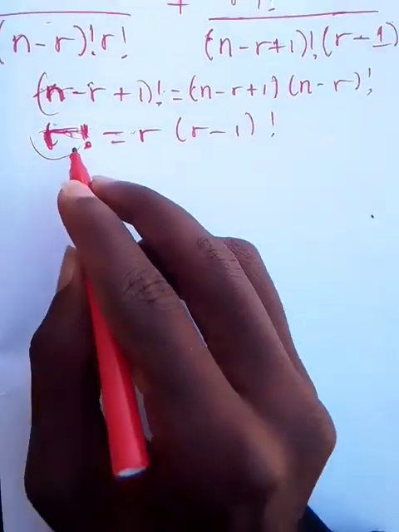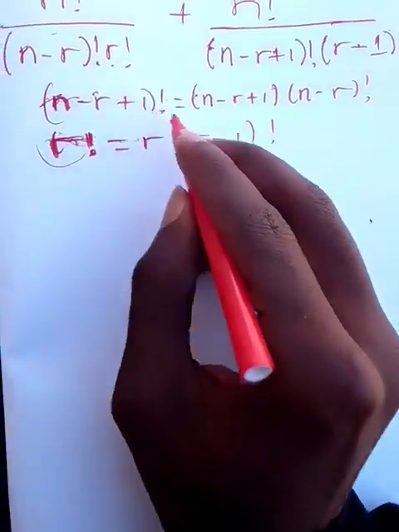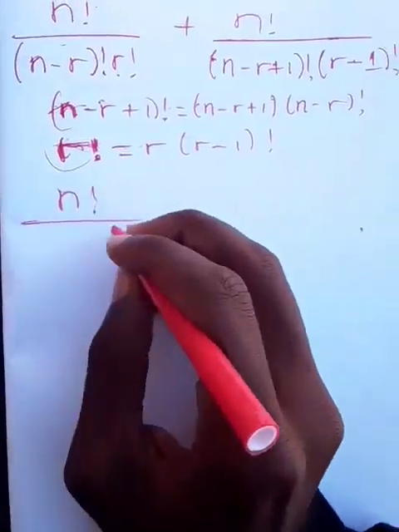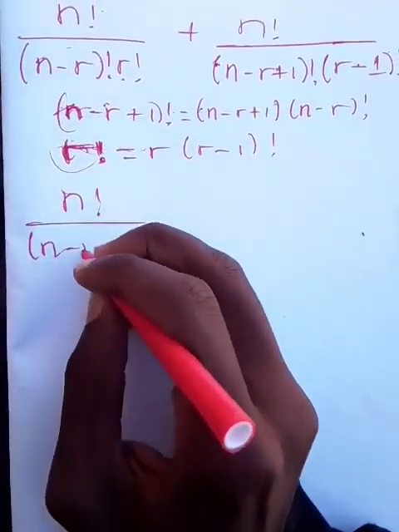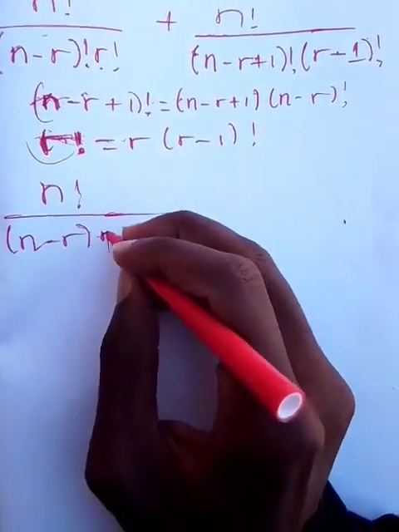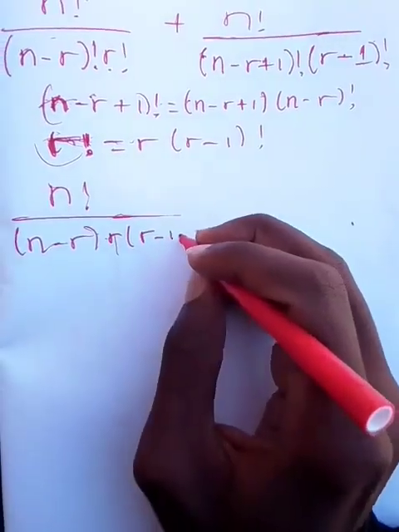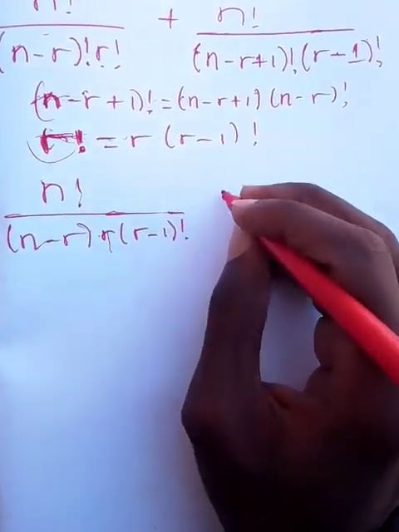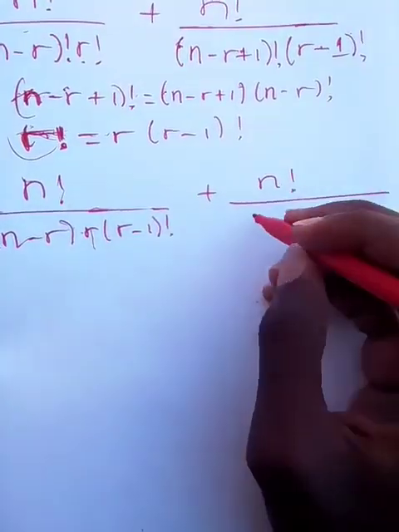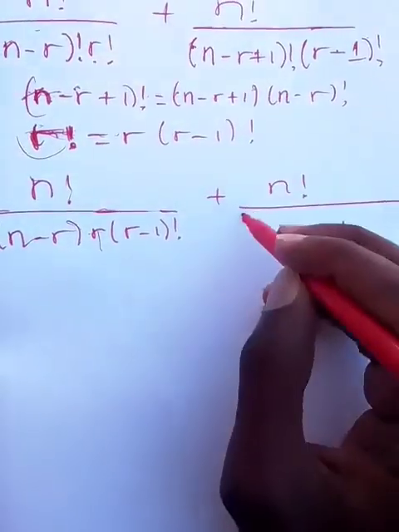So I'll just substitute now. Where is this one? I'll put this. So let's go. I'll say n factorial over, and where is this one? I'll put r minus 1 factorial plus n factorial. Now where is this? I'm putting this.